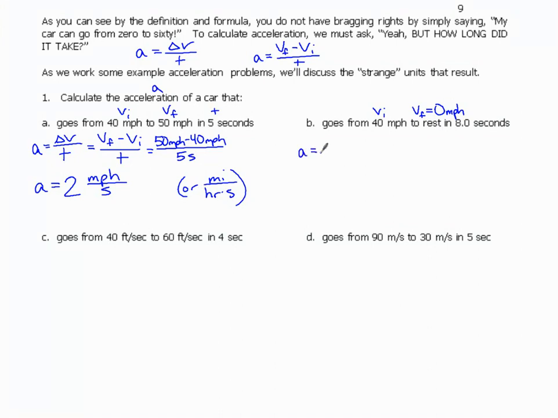So I'm going to put a formula here. Acceleration equals final velocity minus initial velocity over time. The formula delta V over t is not necessary if we're showing the second version of the formula.